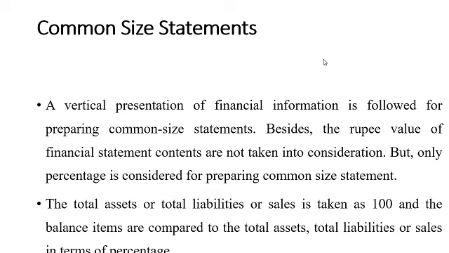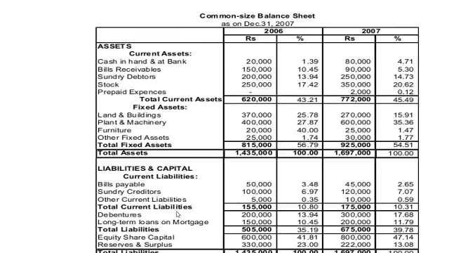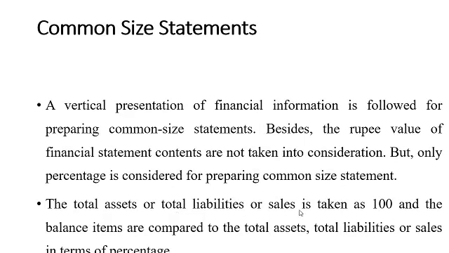Next, second one is common size statement. It is a vertical presentation of financial information. Here actually the total assets or liabilities are considered as 100 in the case of balance sheet, as well as in the case of profit and loss account, sales will be considered as 100, and all the remaining items are compared with the total assets and total liabilities or sales in terms of percentage.